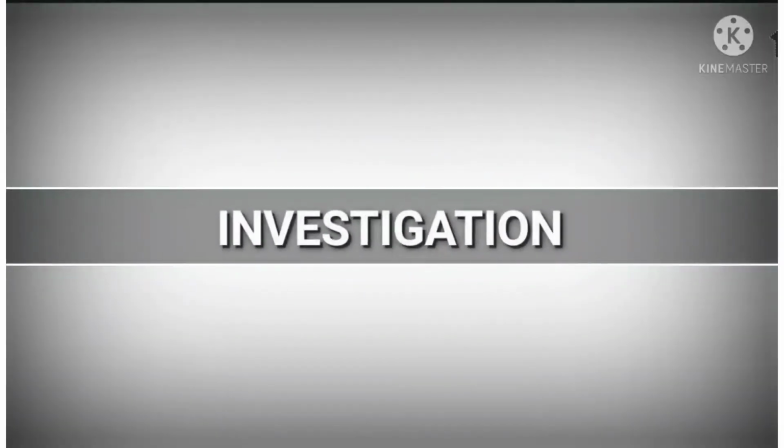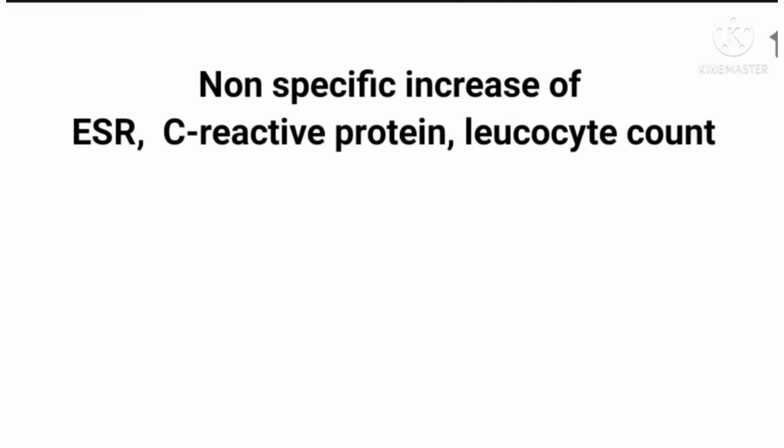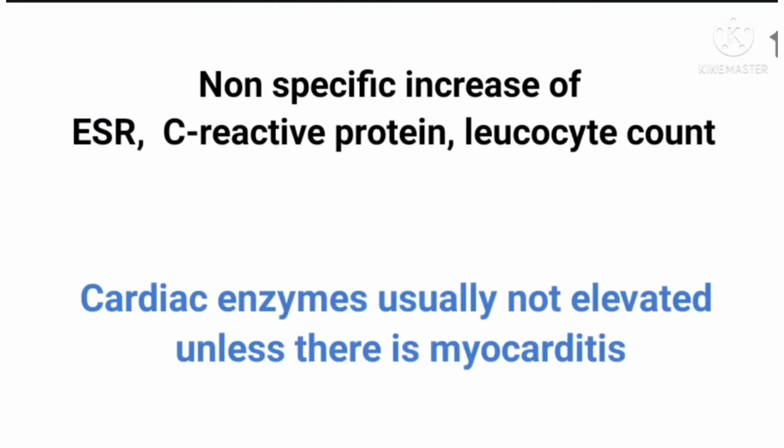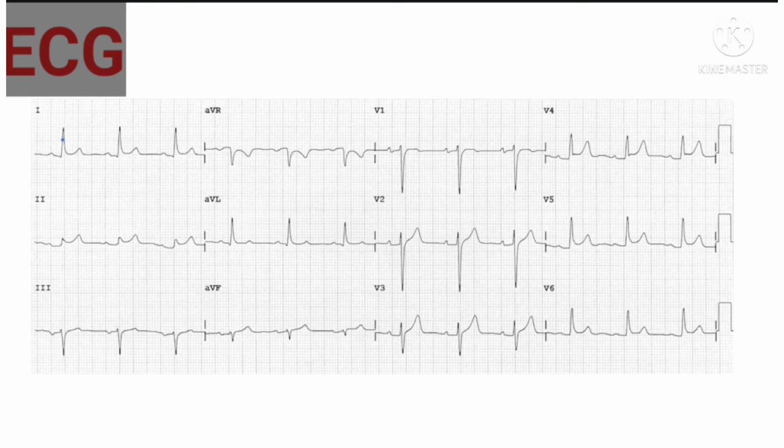Let's see the investigation part of this pericarditis. In blood examination, we may get an increase in ESR, then C-reactive protein, then leukocyte count, which is non-specific in nature. The cardiac enzymes also may get raised if it is associated with myocarditis. In ECG, we may get concave elevation of the ST segment.